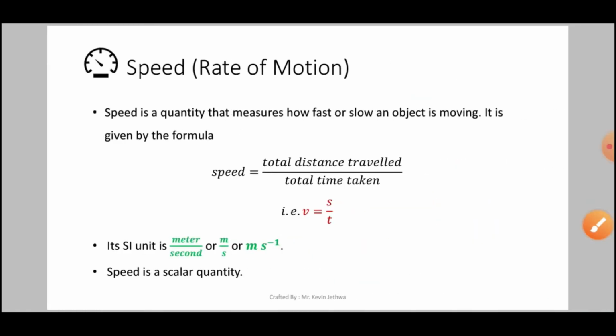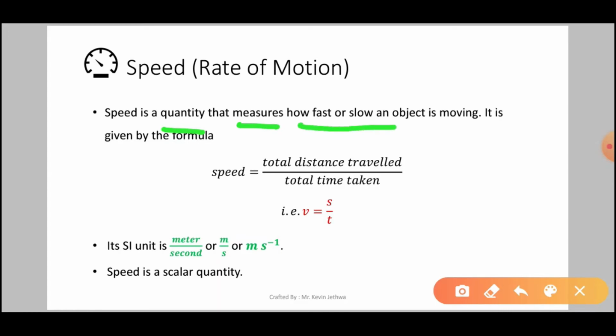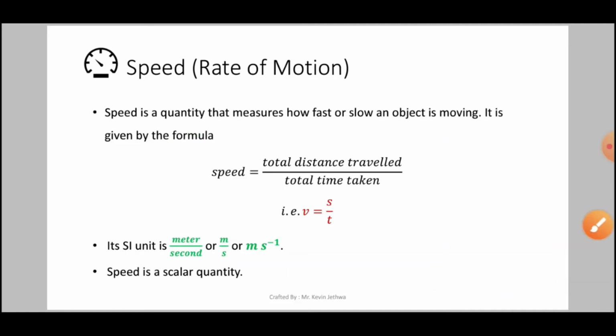Next is the rate of motion, that is the speed. Now what is speed? It is a quantity which measures how fast or slow an object is moving. Means at what rate the object is traveling or approaching its destination. But speed can be variable. Sometimes the speed can be more and sometimes it is less.